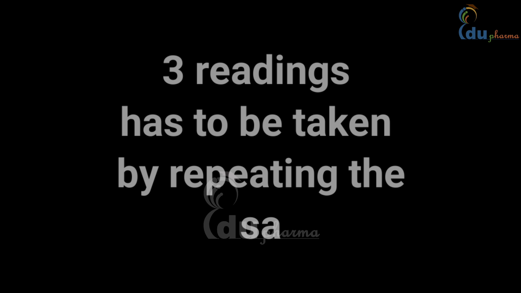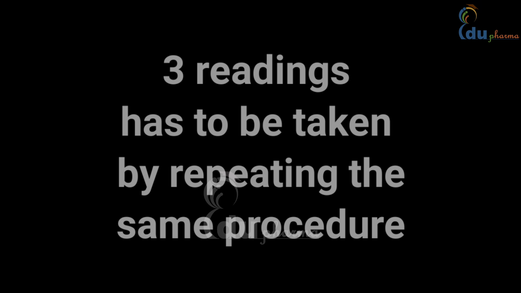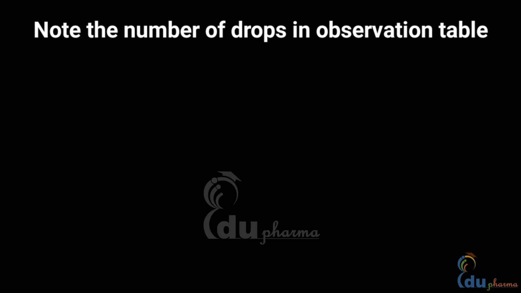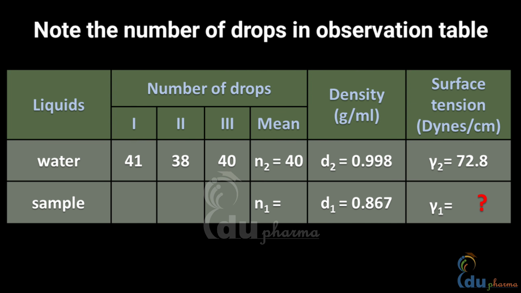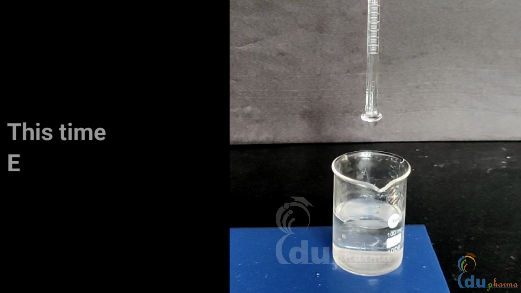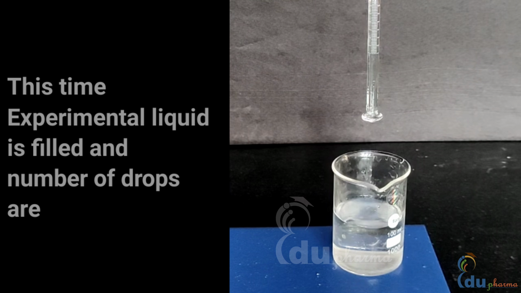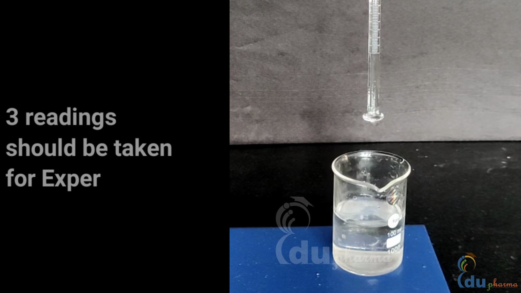Three readings have to be taken by repeating the same procedure, and the number of drops is noted in the observation table, and the mean is calculated as N2. Similarly, the experimental liquid is filled in the stalagmometer and the number of drops is counted when the meniscus travels from point A to point B. Again, three readings have to be taken for the experimental liquid also.